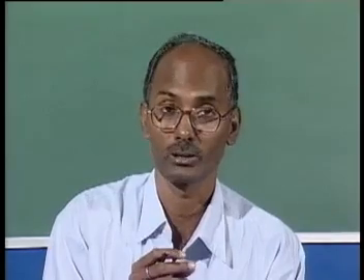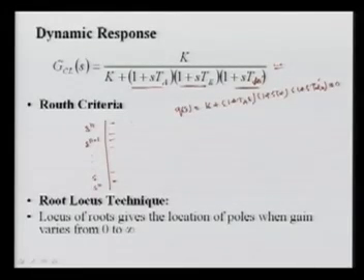It is not sufficient. If there is no change in the sign of the first column, meaning all coefficients are positive or all negative, then it is called absolute stability.